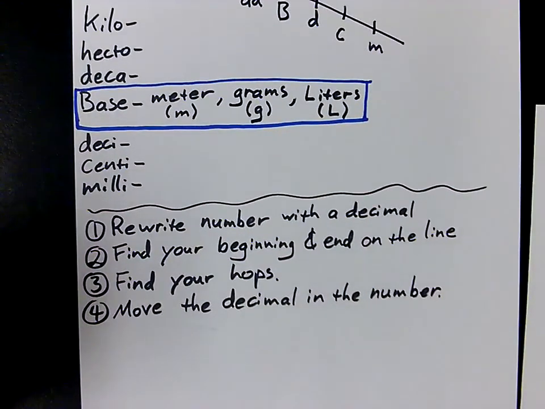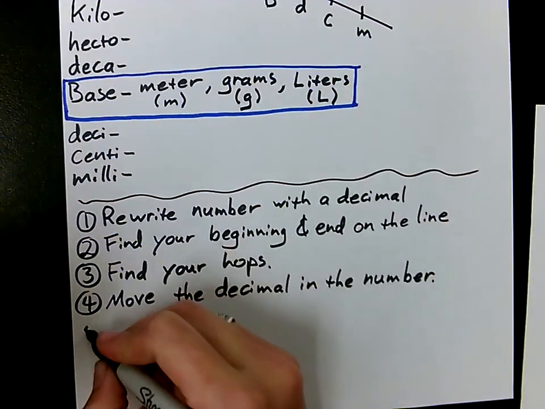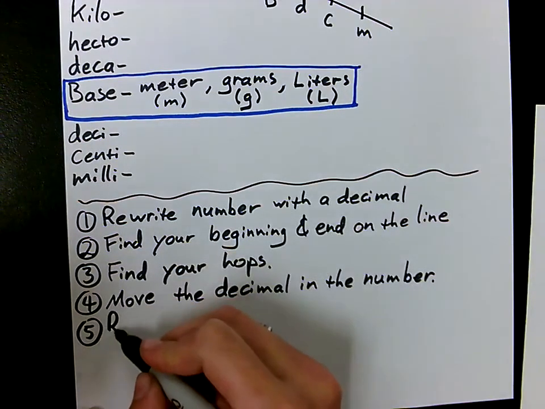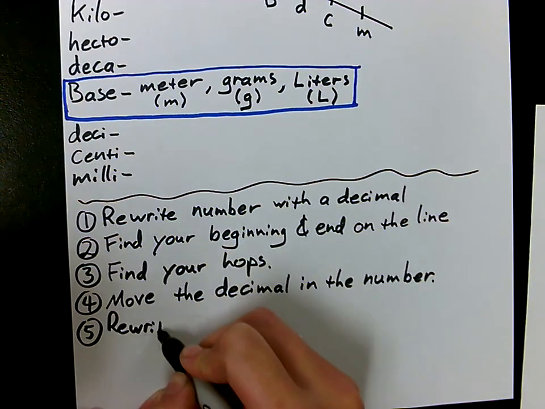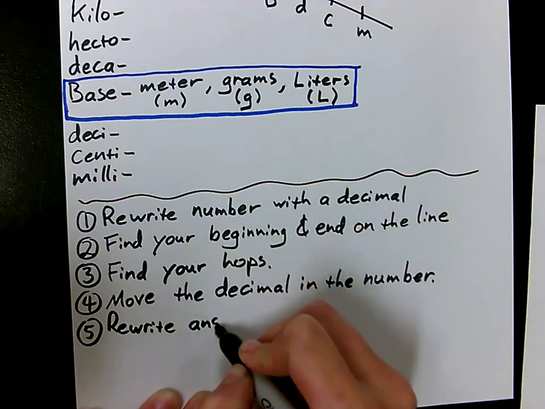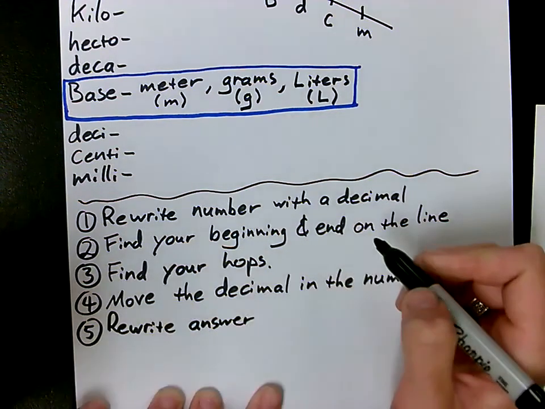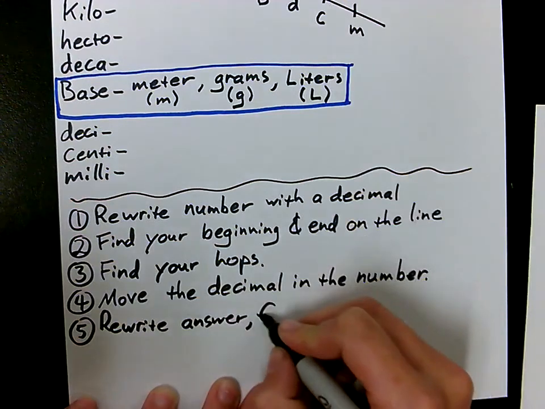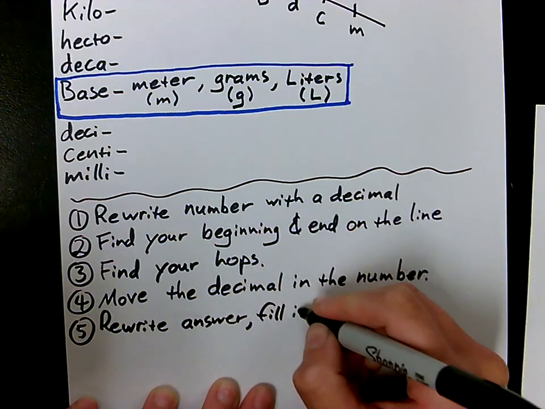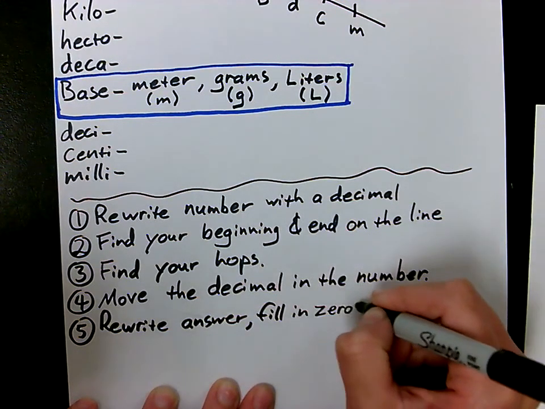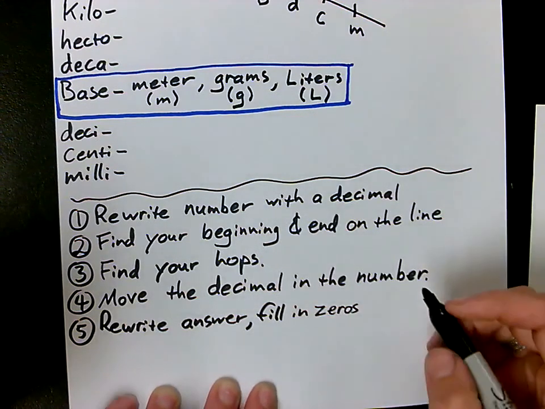Finally, step number 5 is our last step. Is simply to rewrite answer. And we're going to say that we want to fill in zeros if needed.